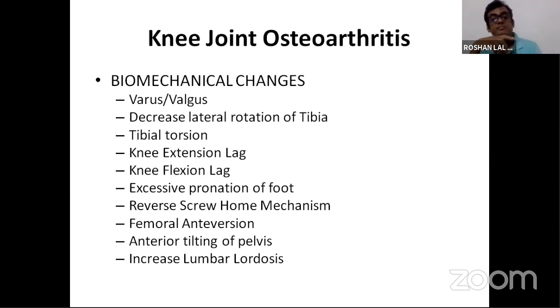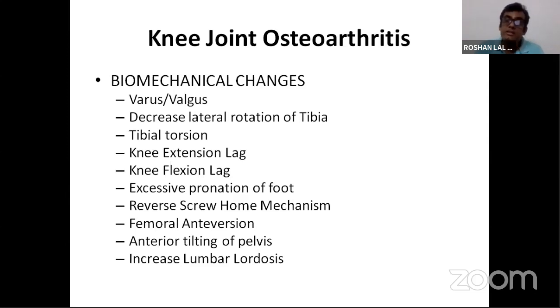Knee extension lag. Knee extension lag is when the patient finds difficulty in obtaining terminal extension. But this terminal extension can be done passively. That is the lag, and in patients with knee joint osteoarthritis, this is very common. Why?